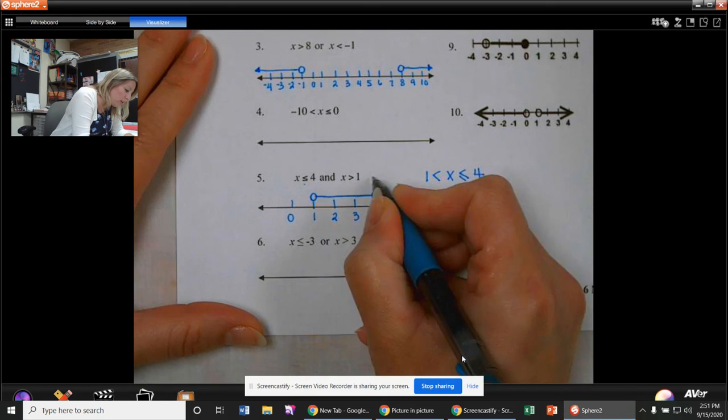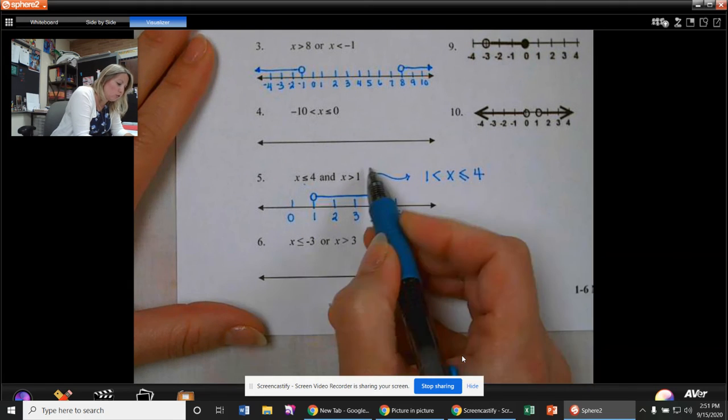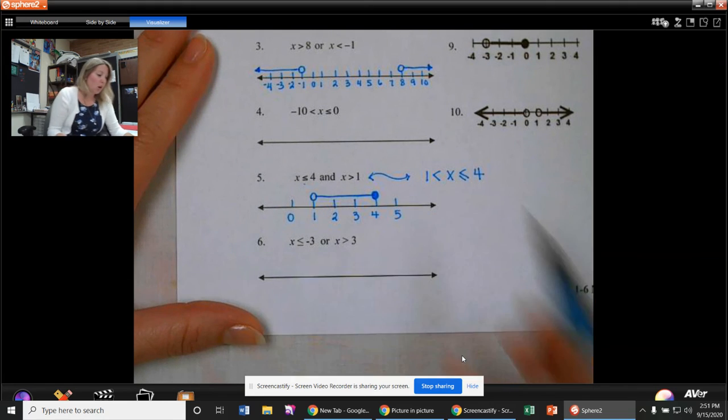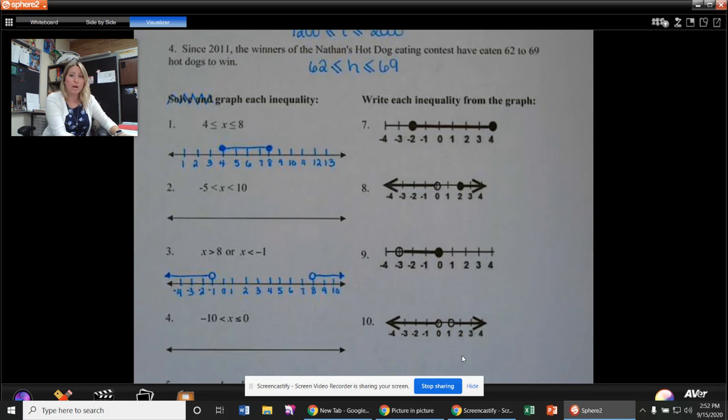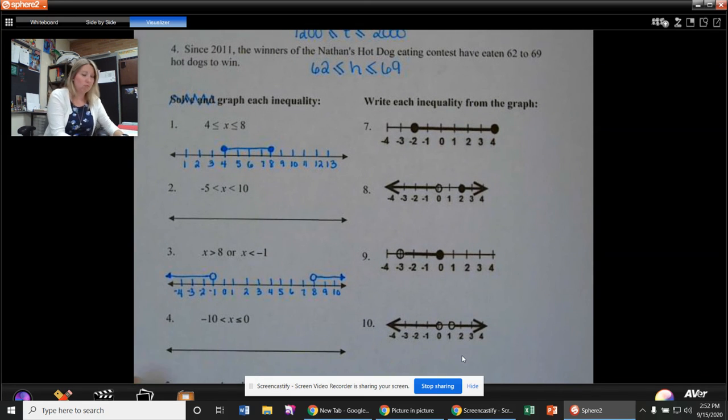When writing a between inequality, these two things mean the same. It's smallest number, less than X, less than largest number. It's always the same. Okay. I call it a less than sandwich. X is the middle of your less than sandwich.